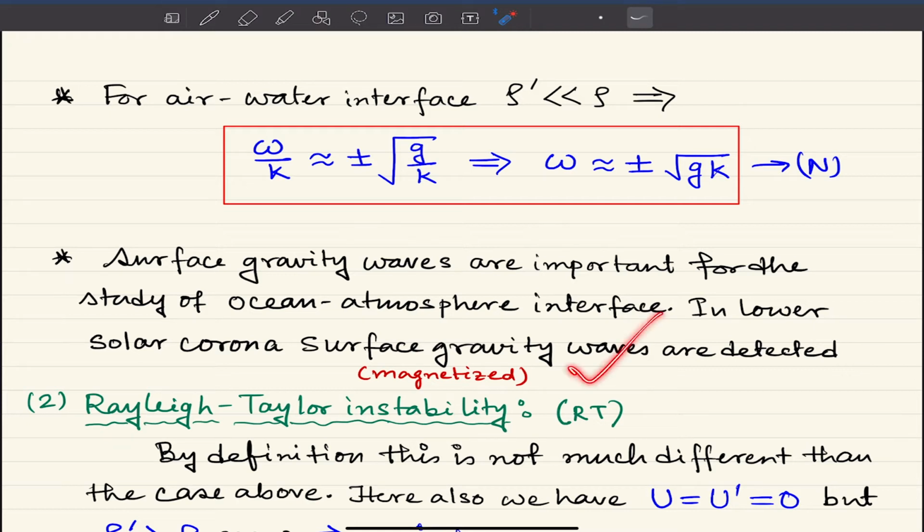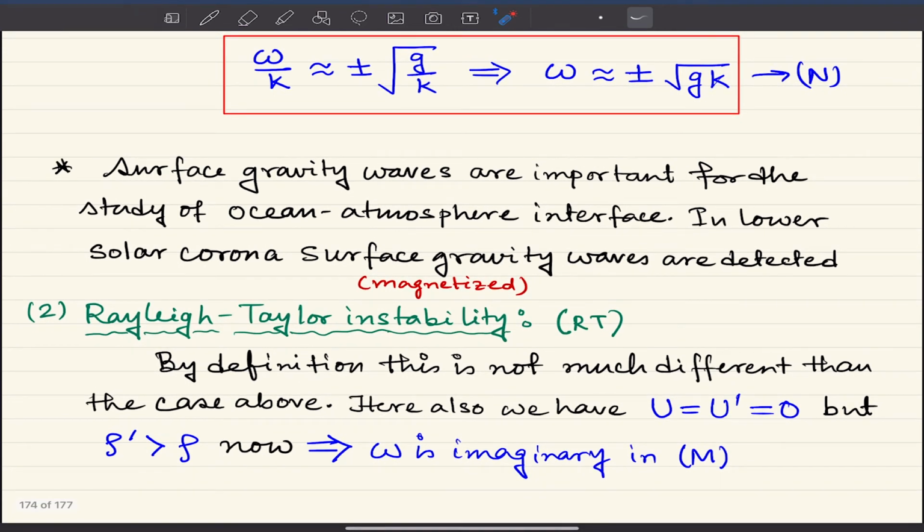Then plasma comes into play, and the surface gravity waves will have a generalized form, which will be the magnetized or magnetoacoustic surface gravity waves, which I will talk about a bit later when I talk about magnetohydrodynamic waves.